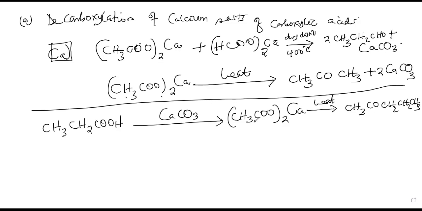Then still you can branch from here and add (HCOO)2Ca, then we dry distill at 400 degrees Celsius.